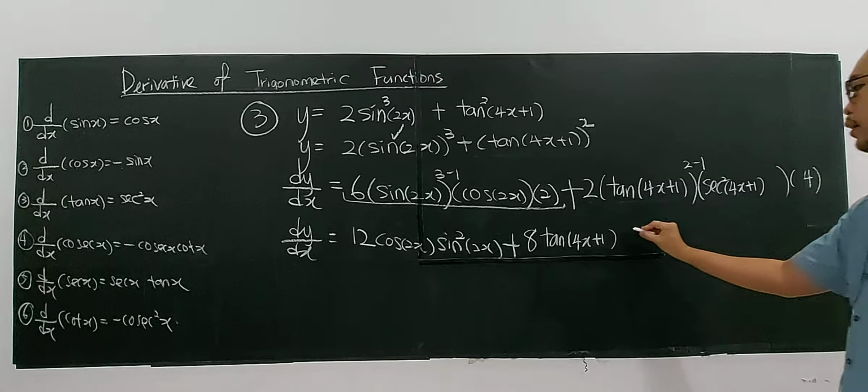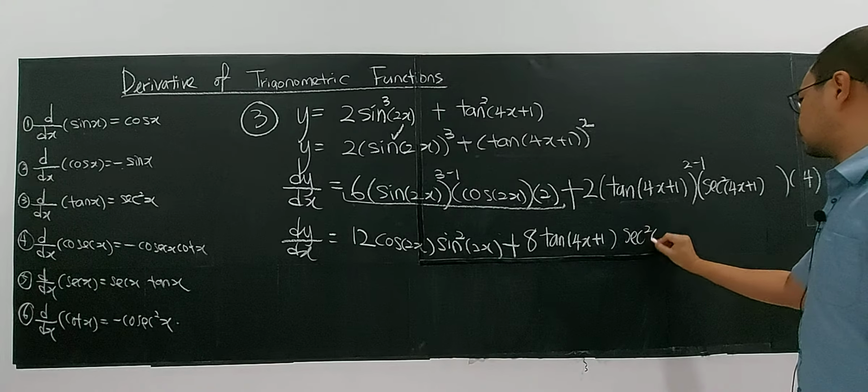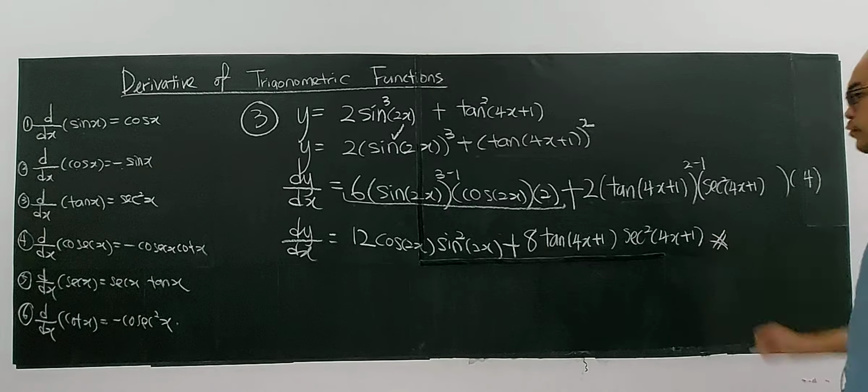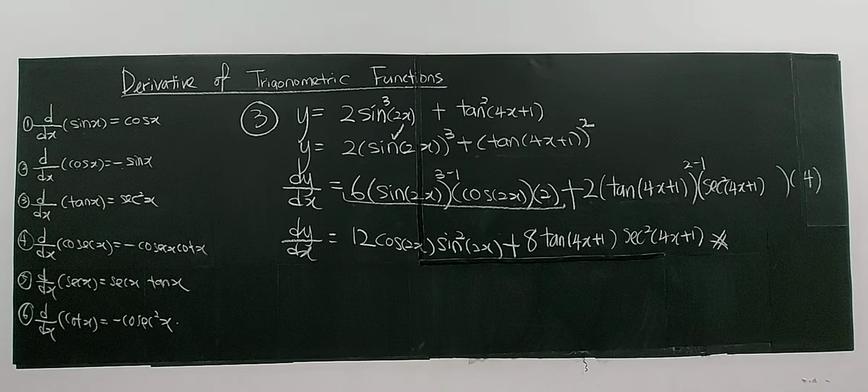So, secant square 4x plus 1. Alright, I just leave this as the answer for this function here.